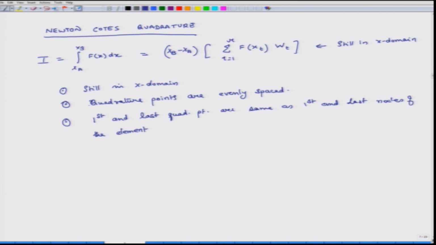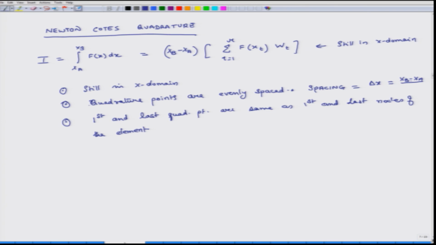This was not true for Gauss quadrature, but here first and last quadrature points are same as first and last nodes. So, here spacing between points is equal to delta x, and this is equal to x b minus x a.